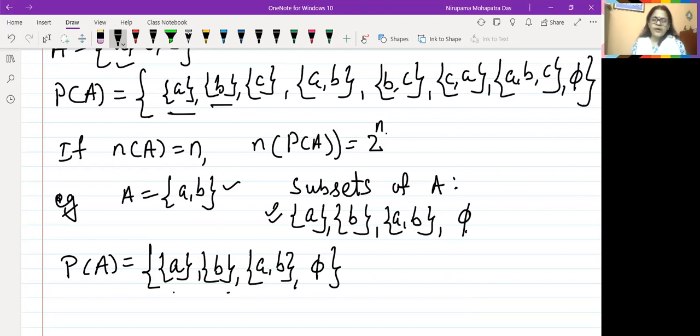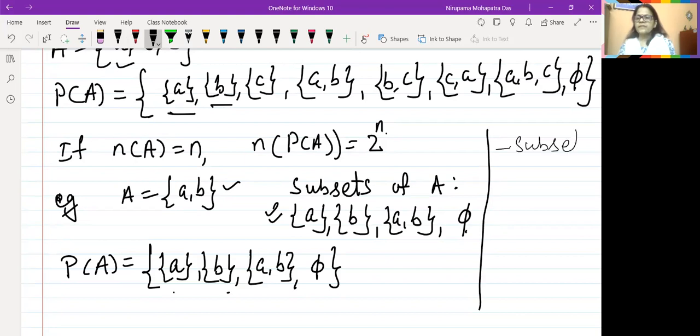Okay, so I hope the concepts we have studied today are clear to all of you. We have studied what is a subset, then superset, and of course proper subset and proper superset included. We have studied the universal set, and we have studied the power set also.